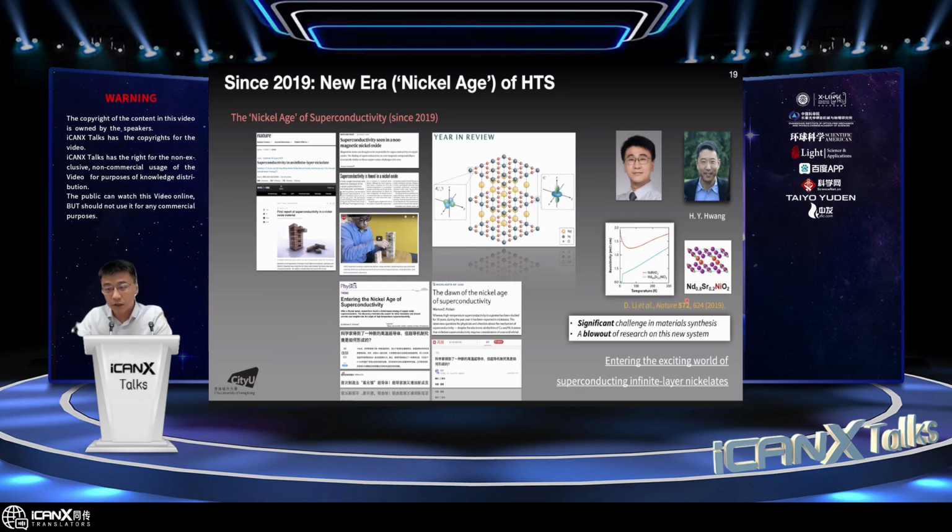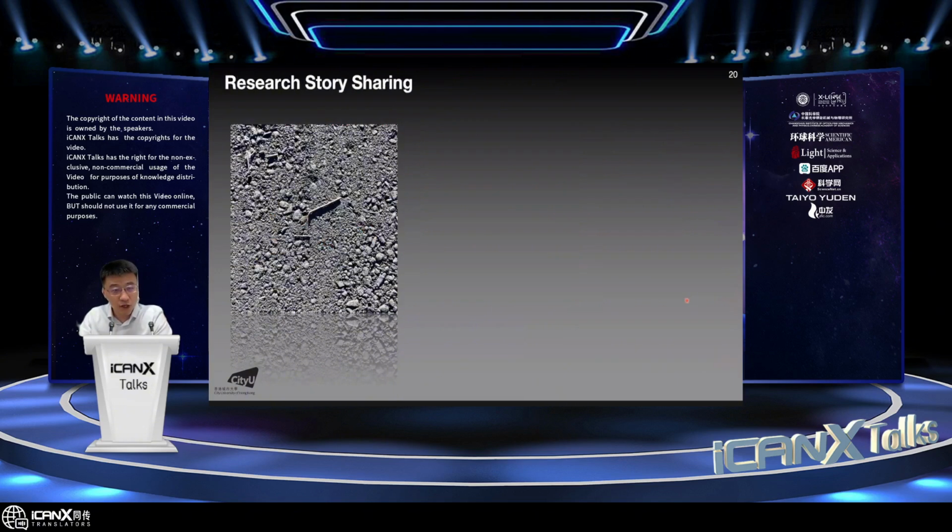And up to now, we're in the exciting world of superconducting nickelates. Particularly, in today's talk, I would like to talk about just one family of nickelate compounds, the infinite-layer nickelates.